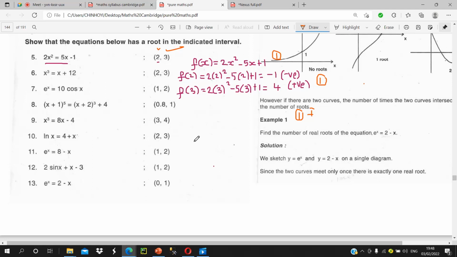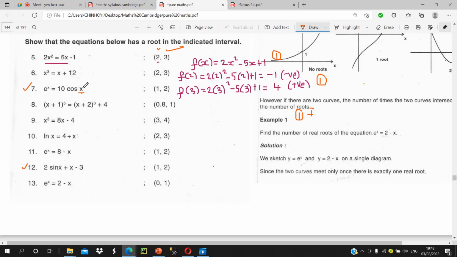I just want you to emphasize number 7 and number 12. If you look at number 7 and number 12, maybe your calculator was already in radians. In this case we have x as the power and x as the angle.